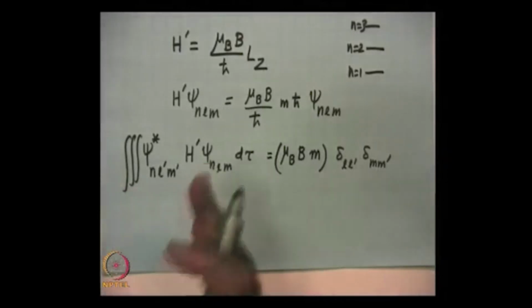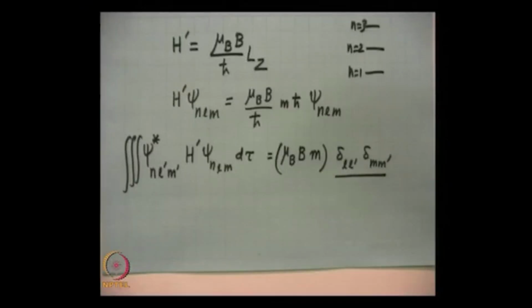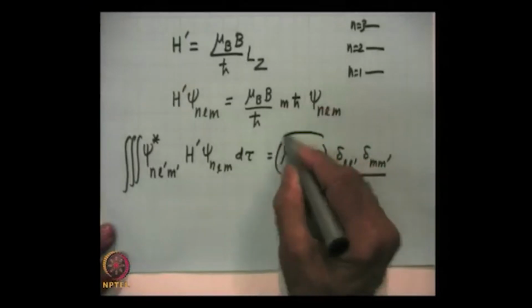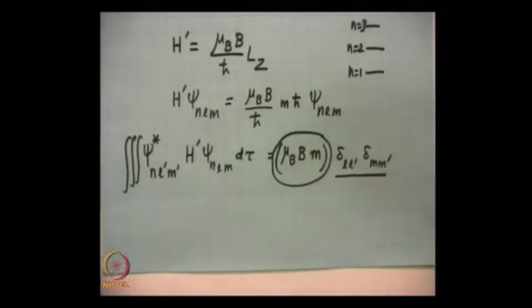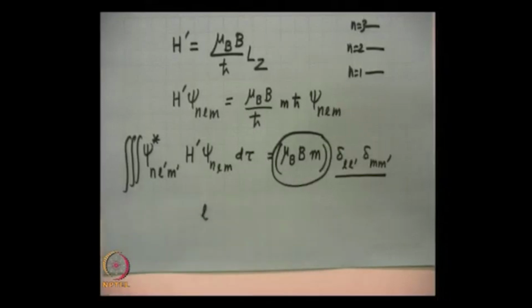Because the magnetic field is assumed to be in the z direction, we already have a representation in which H prime is diagonal, because any off-diagonal elements are 0. So, this represents the perturbation, and this is known as the normal Zeeman effect, and any value of L will split into different values of m.